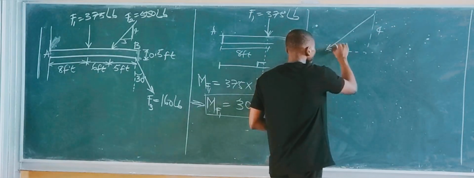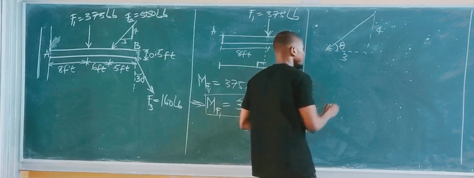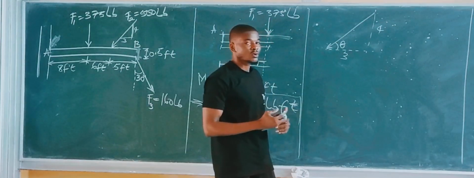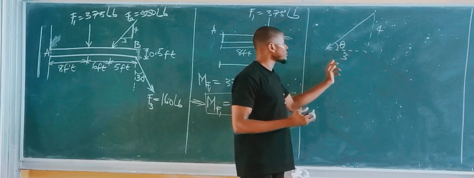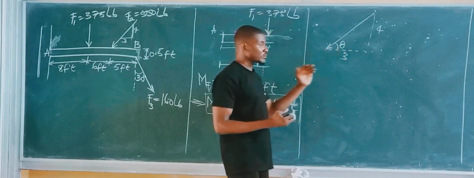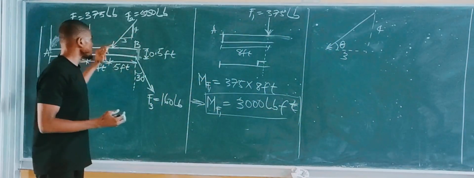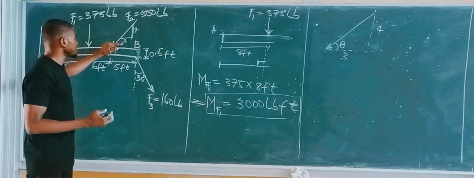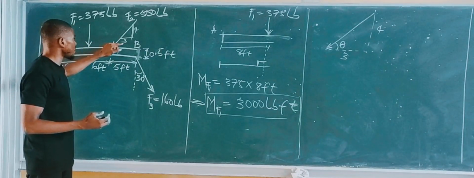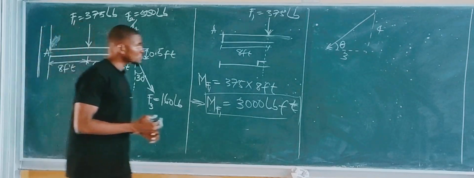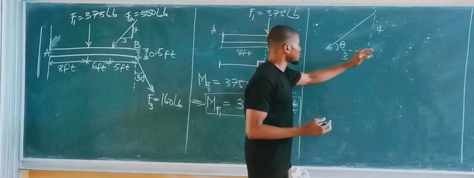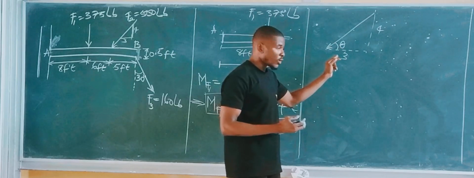Let's call the angle of inclination theta. So we use this information now to find the angle of inclination. That is why you see the beam in this manner. It means it's inclined. This means the adjacent side is 3 meters, or 3 feet, and the opposite side is 4 feet. So we can use that information to determine the angle of inclination of the force.